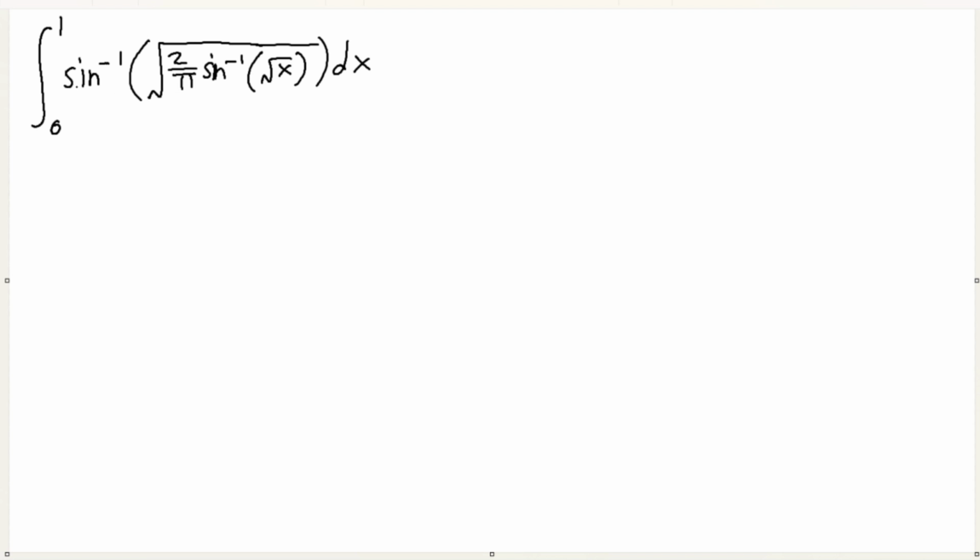Well, we have this constant out of the way, so I guess we could just do 2 over pi, and then pi over 2. Now, what I'm doing is I'm letting f of x equal to 2 over pi inverse sine of the square root of x. Pretty much I'm following the inside of this, right?